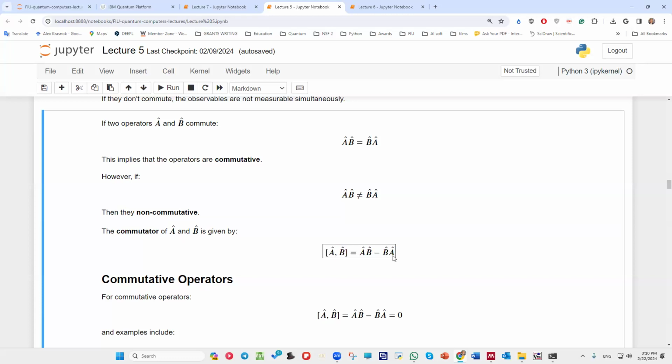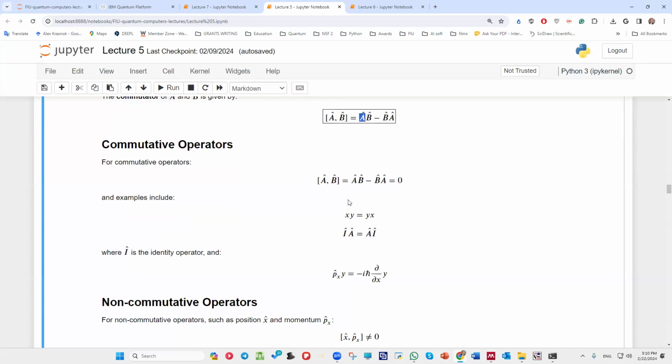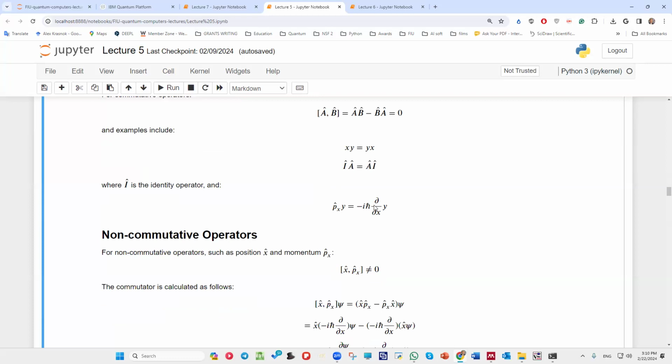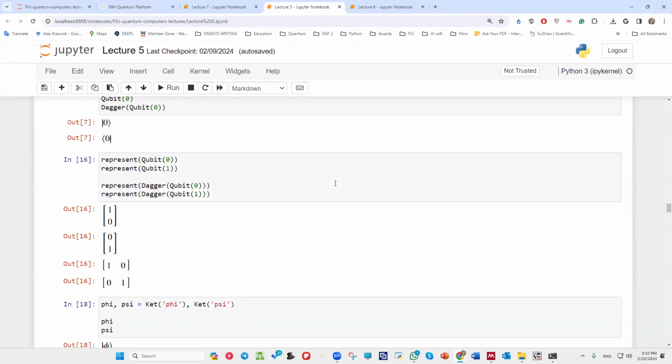So if commutator is 0, we can measure the observables A and B. If it's not 0, some value or some operator, then these observables cannot be measured with 100% certainty in the same experiment.